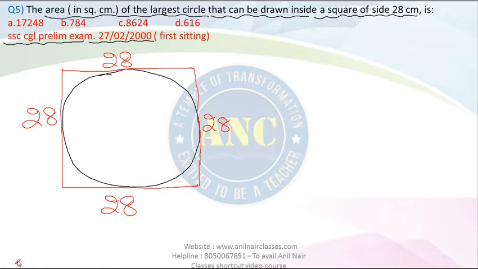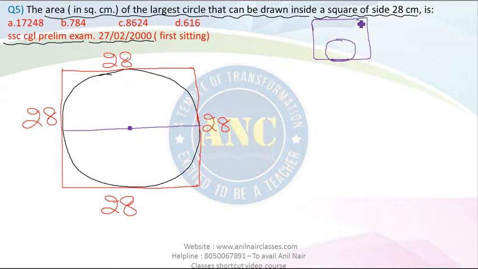Now for this circle to be largest, this should be drawn from the center of the square. If I draw keeping the center of the square as the center of the circle, then that circle will have the largest area. There can be a circle in this square like this also, right?